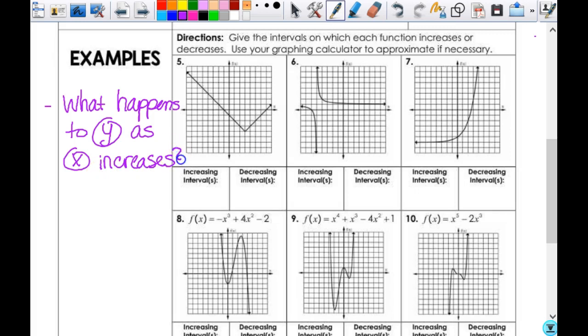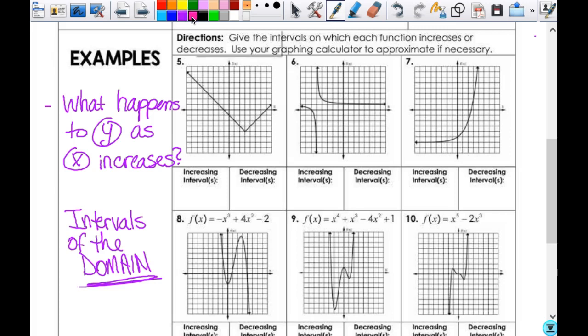Right? Is it increasing or decreasing? And then what we're writing are intervals of the domain. We're always writing intervals of the domain. So we're always writing about our x's, but that's talking about our y's. Okay?